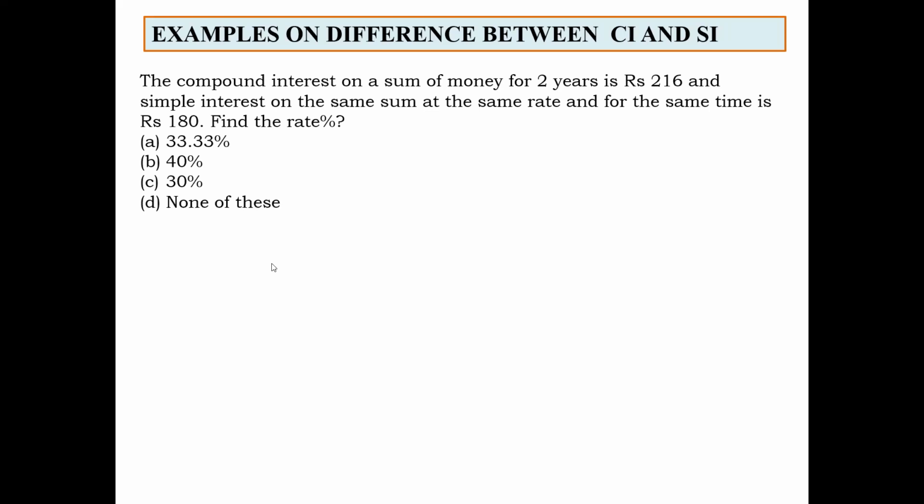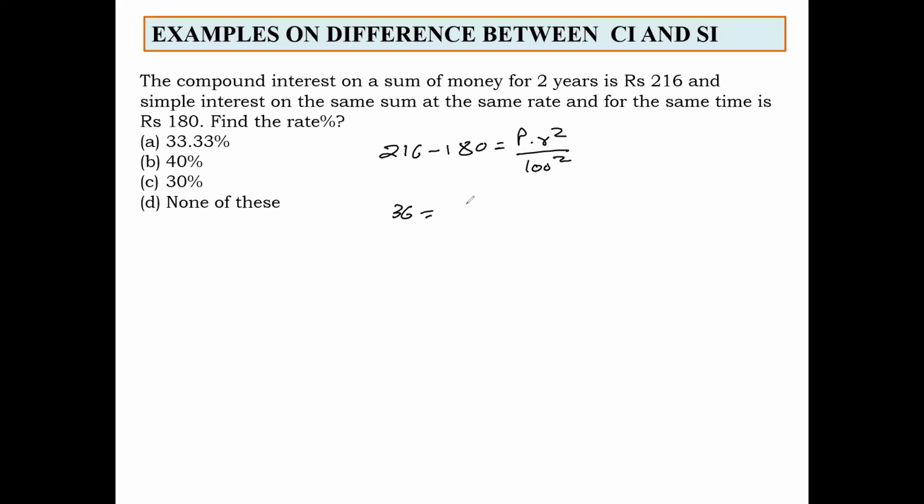Again, we can just put in the formula here and then solve. It says CI for 2 years is 216, simple interest at the same rate on the same principal is 180. We have to find out the rate. So the difference between CI and SI here will be 216 minus 180, which is 36. We have to find out the rate. The principal is not given. So we write P into R squared upon 100 squared.